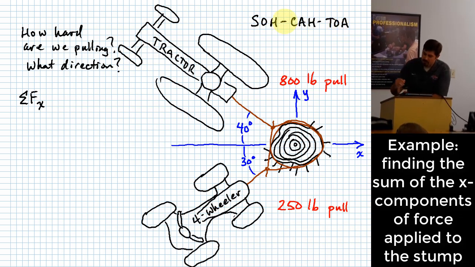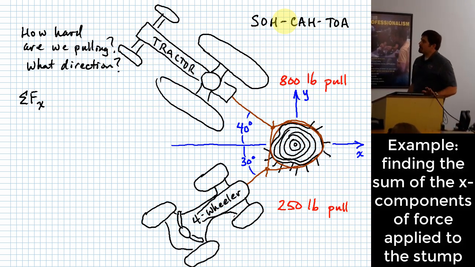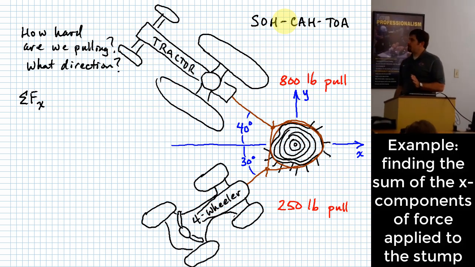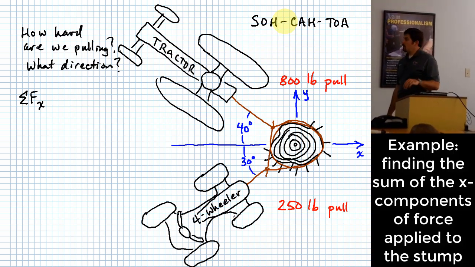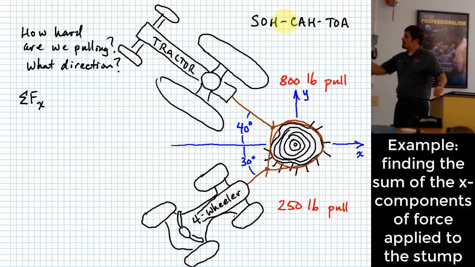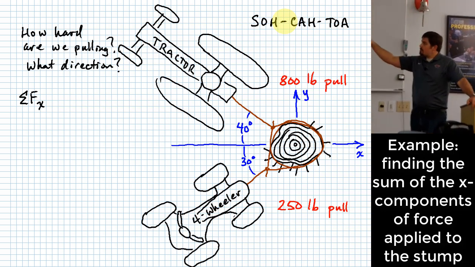We'll keep this up here so we can remember. If I want the x component of the pull of the tractor, basically the entire pull of the tractor is 800 pounds. I just want the x component. What do I need to do? Someone says I need the cosine of 40 degrees.